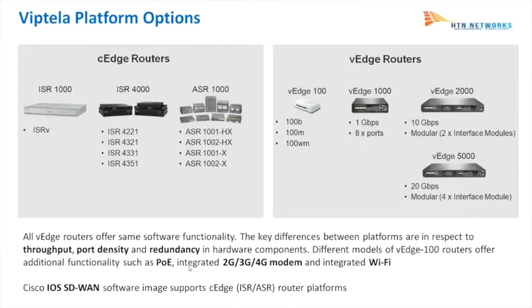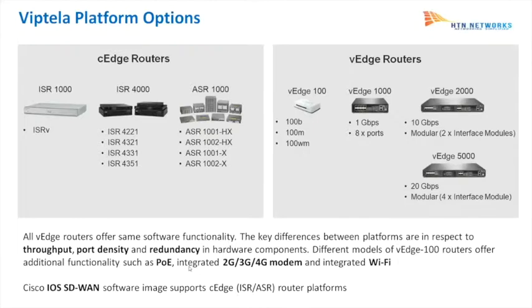Some hardware has dual power supplies, some has dual fans, some has a single fan and single power supply, things like that. These different models offer additional functionalities also. Some offer Wi-Fi, some offer connectivity to LTE network.